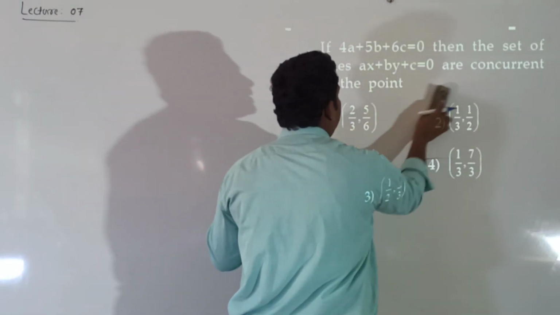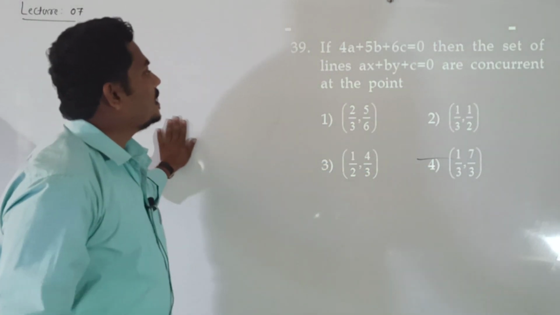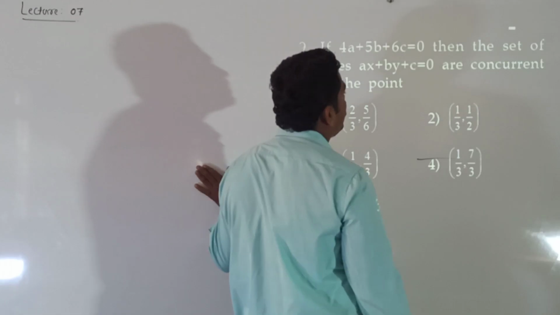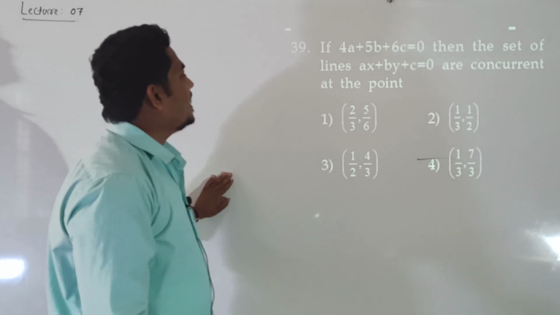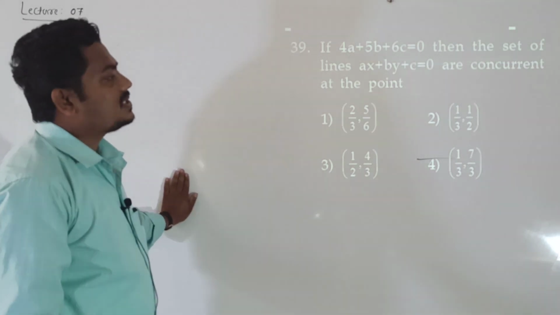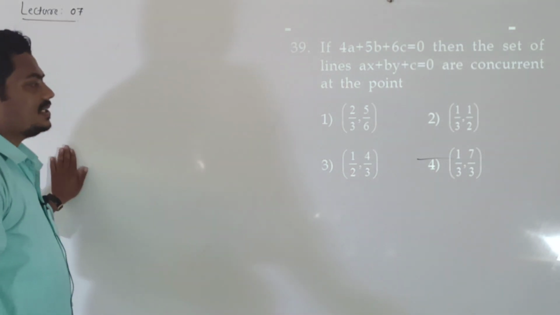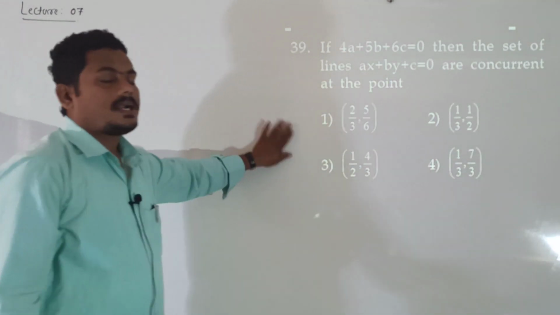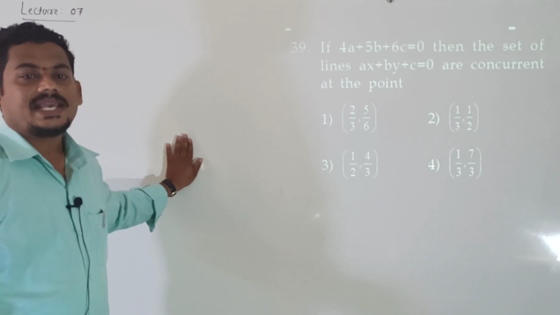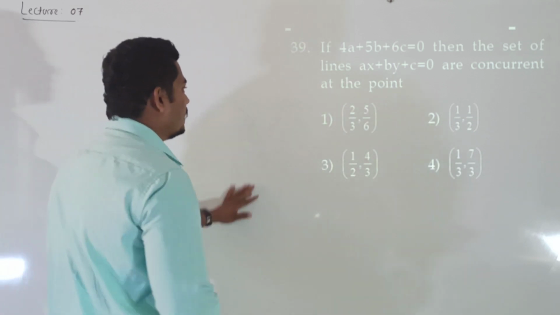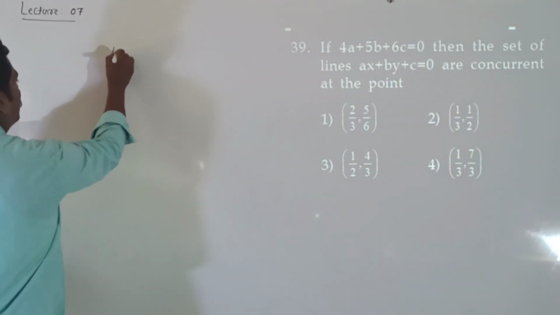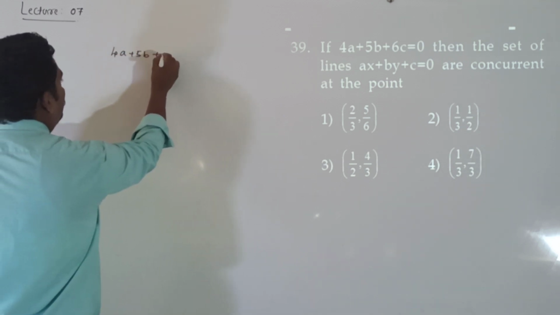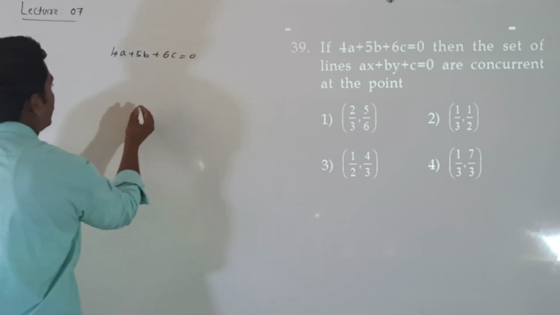Question number 39. If 4a plus 5b plus 6c equal to 0, then the set of lines ax plus by plus c equal to 0 are concurrent. Concurrent means meet at a single point. 4a plus 5b plus 6c equal to 0.